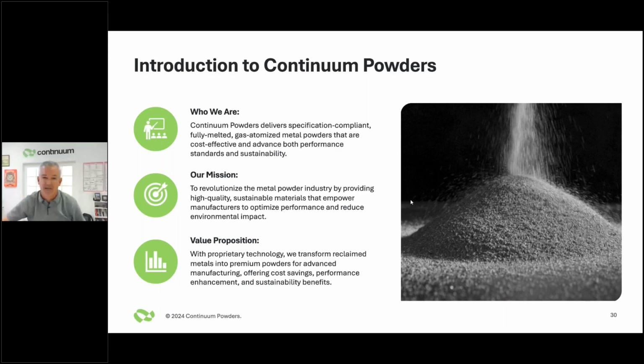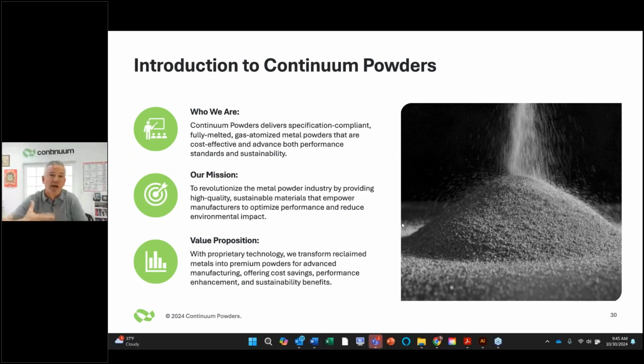Continuum Powders is a very natural partner for Elementum in the sense that what we're trying to do is enable a more sustainable, higher quality option of what they're bringing to the market. That's what we do in a nutshell: participate in the multi-billion-dollar industry, both customized powders like Elementum, but also more generic powders like Inconel 718, 625, and titanium.